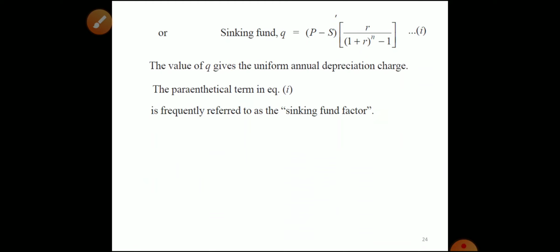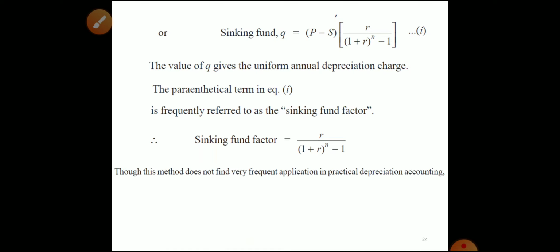So sometimes we need to calculate the sinking fund factor. That will be calculated by using this parenthetical term, that is R upon 1 plus R raised to n minus 1. Though this method does not find very frequent application in practical depreciation accounting, it is the fundamental method in making economy steady.